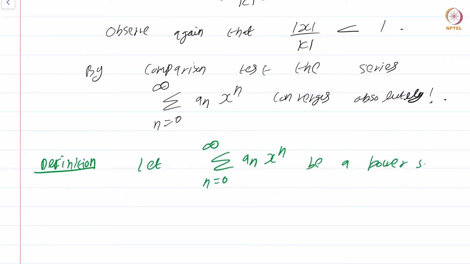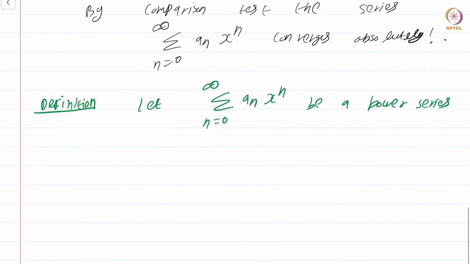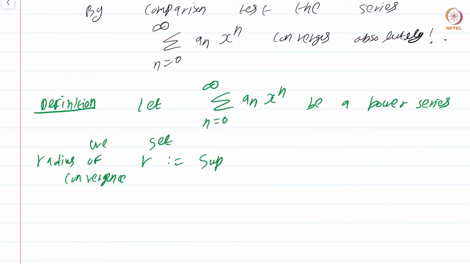We set R, which is called the radius of convergence, to be by definition equal to the supremum of mod c such that summation n equals 0 to infinity an c power n converges.